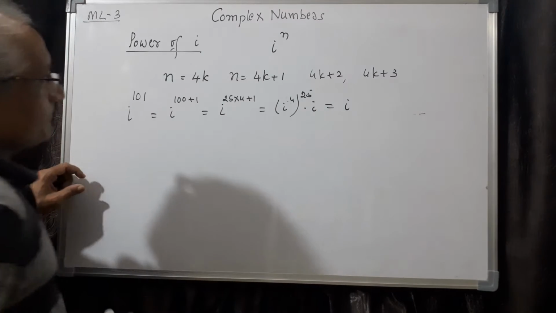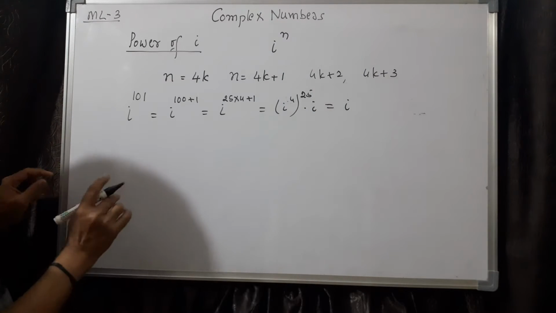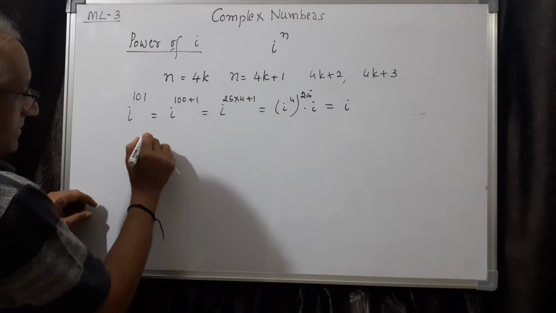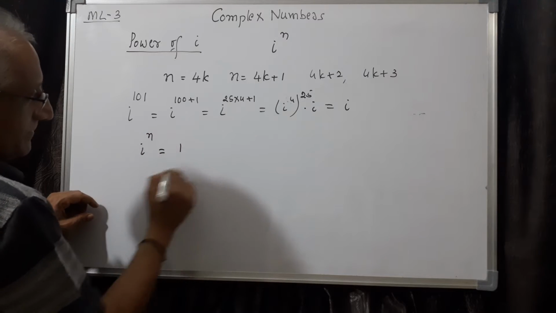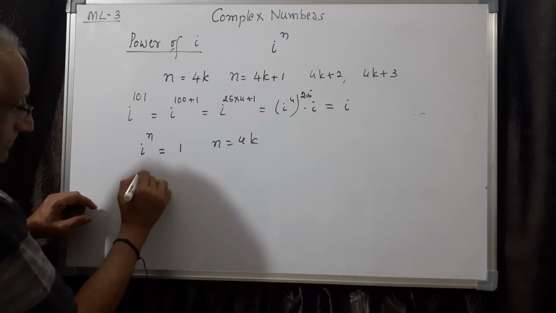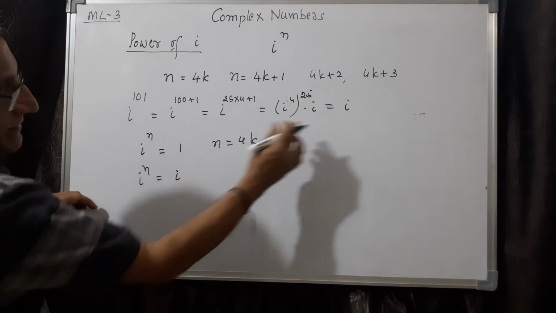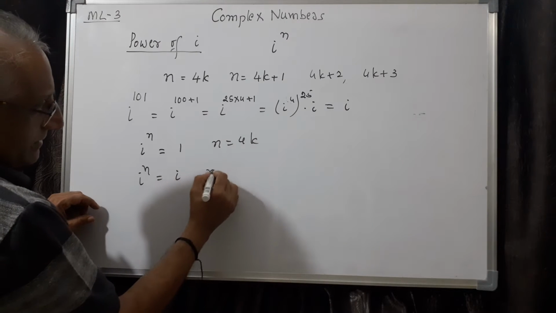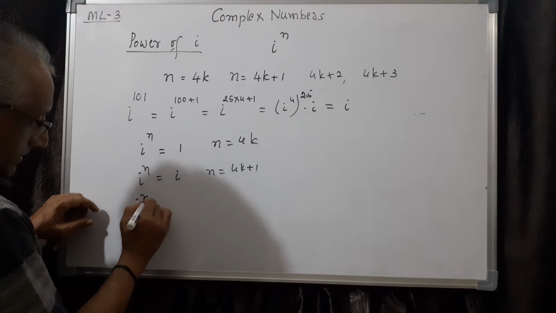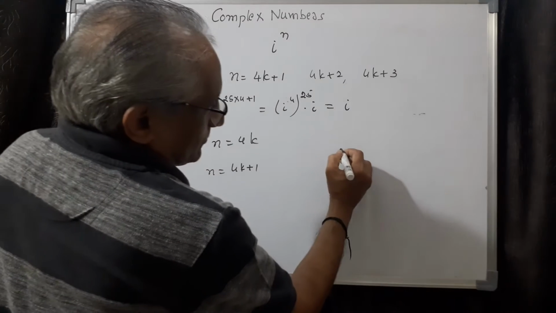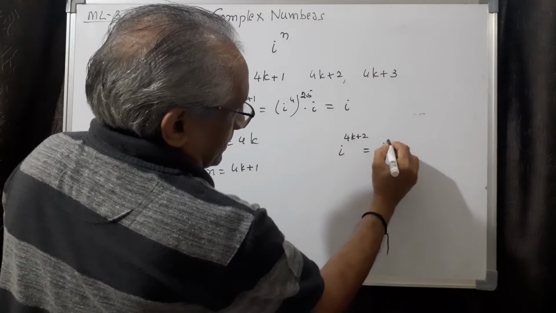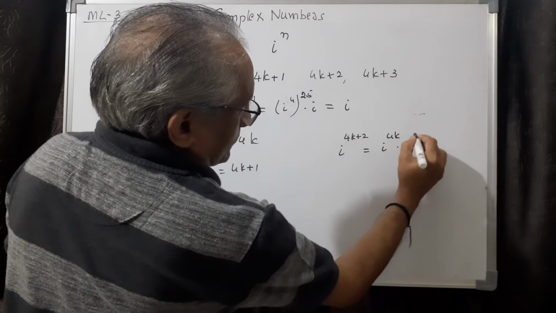This is i only. Therefore you can remember like this, the general formula: i power n will be 1 if n equal to 4k, and i power n will be equal to i if n equal to 4k plus 1. i power n for 4k plus 2, you can write i power 4k into i square.